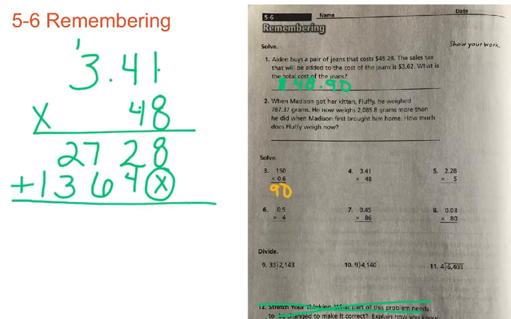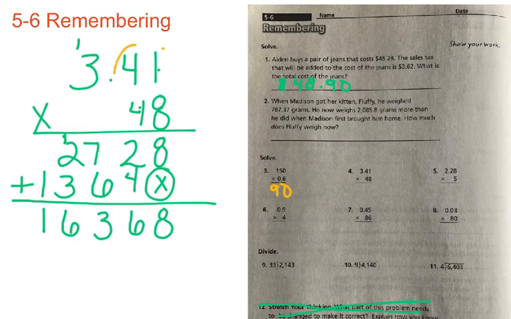Now I can add it up. 8 plus nothing is equal to 8. 2 plus 4 is equal to 6. 6 plus 7 is equal to 13. Put down your 3, carry your 1. 2 plus 1 is equal to 3, plus 3 more is equal to 6, and 1 plus nothing is equal to 1. Now we have to identify where our decimal goes. We go back to our original problem. We count all the numbers that follow the decimal.